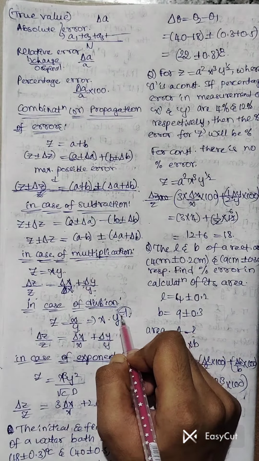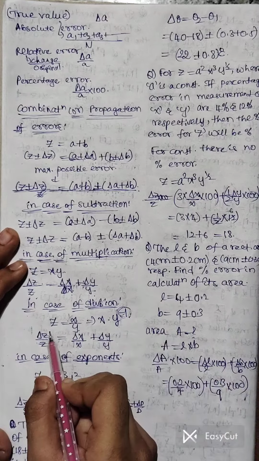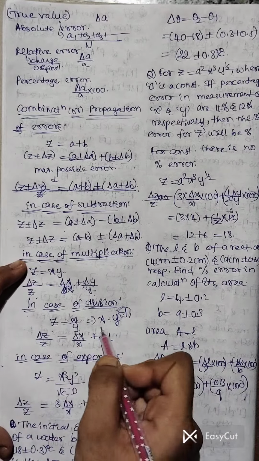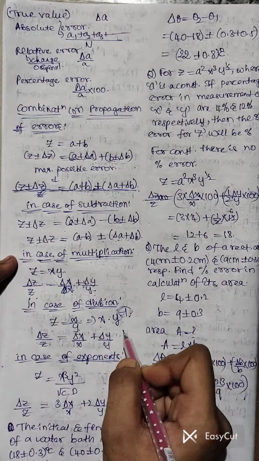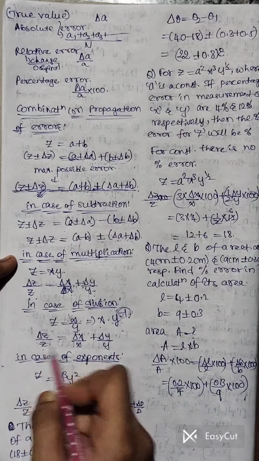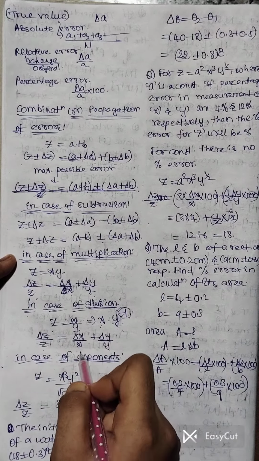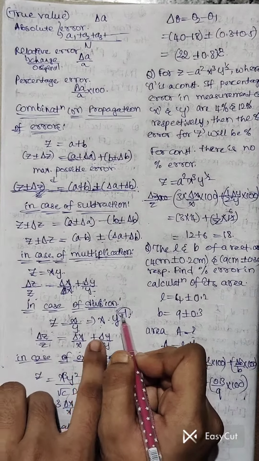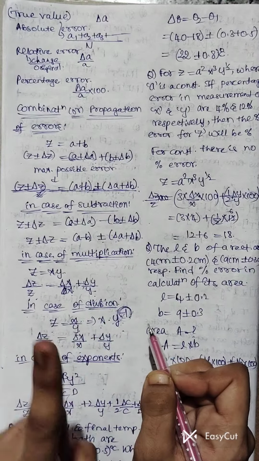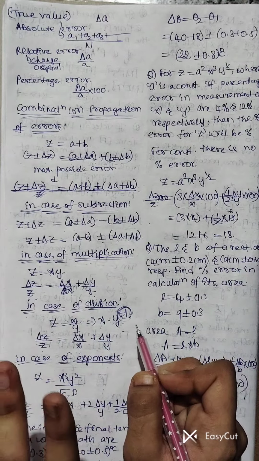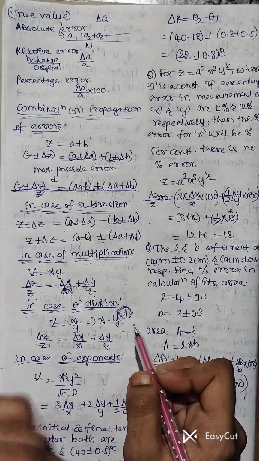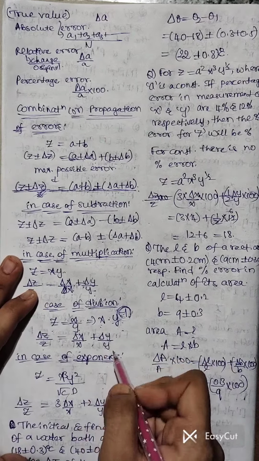You should not consider the negative sign here. So as Z is equal to X by Y, which can also be written as X into Y power minus 1, now delta Z by Z is equal to delta X by X. Now as it is minus 1, you should consider only its magnitude. You should not consider the negative sign. So plus delta Y by Y.